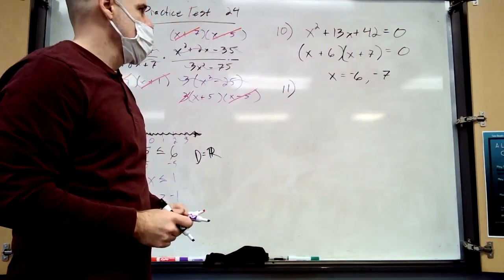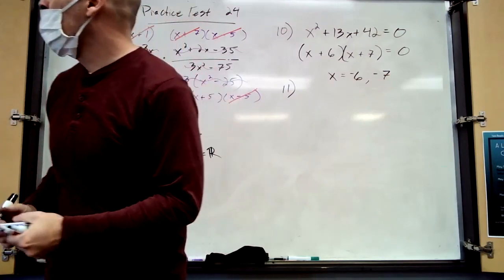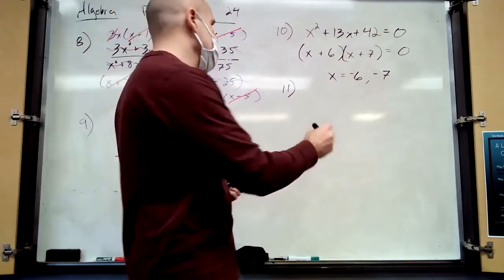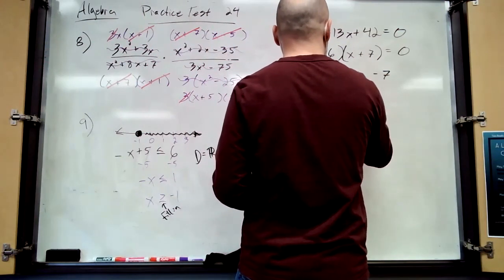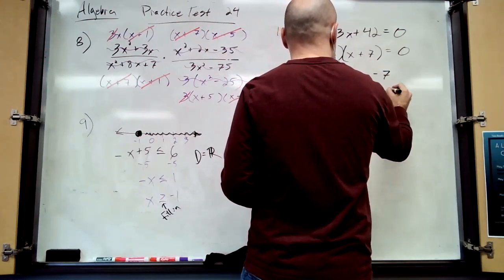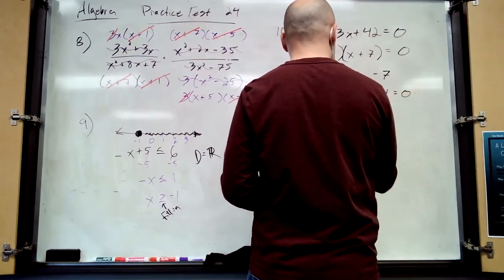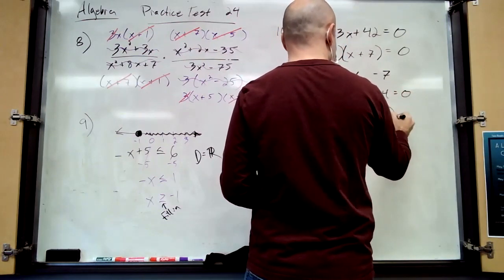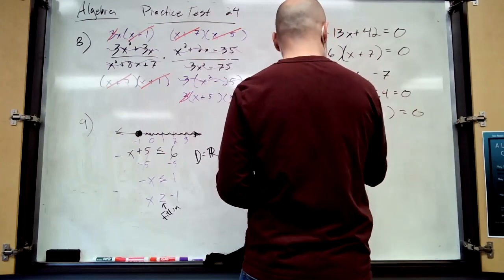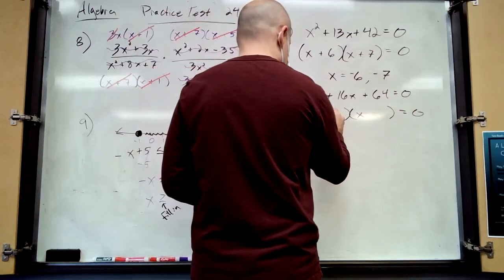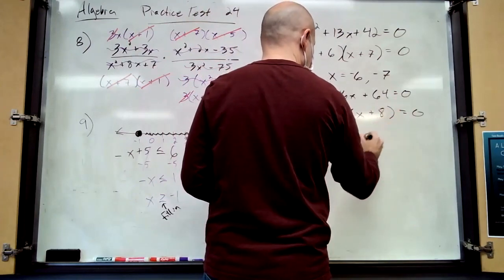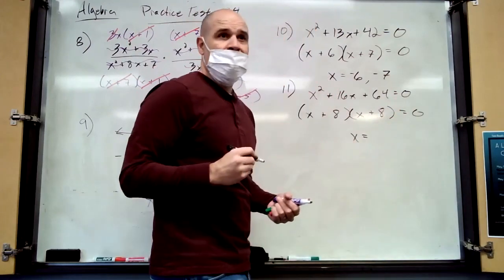All right. So one more. x squared plus 16x. I'm going to bring that 64 over already. Equals 0. And then factor, what's my number combination? 2 8s, right? Just 2 8s, right? Plus 8, plus 8. So what's your only answer? x equals.